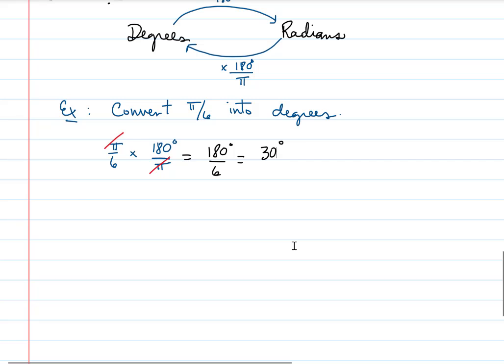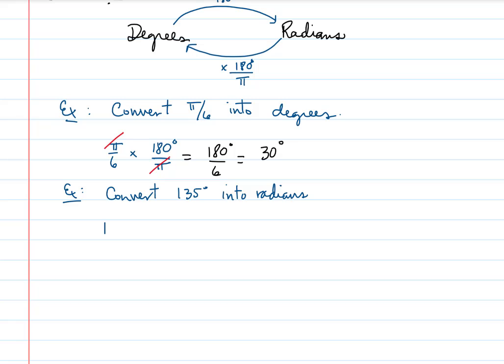Also, vice versa, if you're asked to convert degrees to radians, say for instance convert 135 degrees, notice how I have that little circle there, into radians. Make sure you don't forget your units here and your right notation here. So we're just going to multiply 135 times the other factor here, which is pi over 180 degrees.